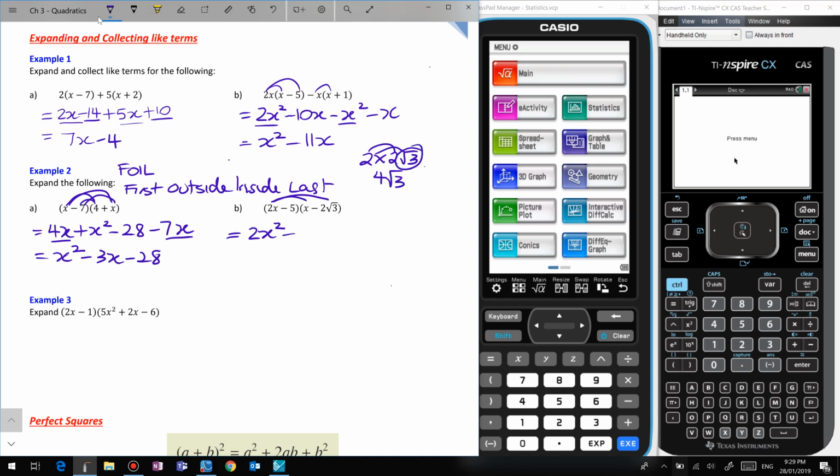Because it's a negative, I say negative 4 root 3 x. Inside, negative 5x. And then outside, negative 5 times negative 2 root 3 is plus 10 root 3. We can't really join anything together because these two terms don't add nicely, so we just leave it like that.